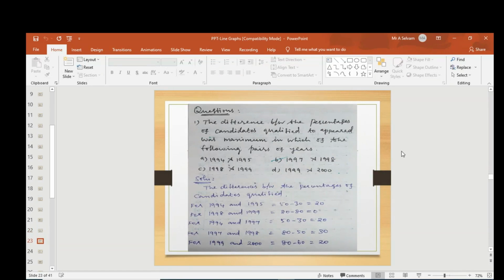Now we move on to the questions. The difference between the percentages of candidates qualified to appear was maximum in which of the following pair of years?